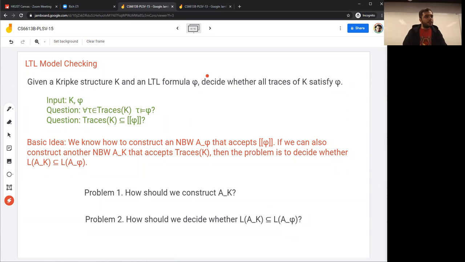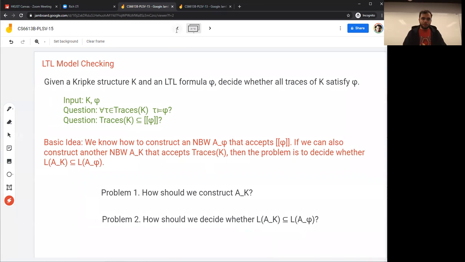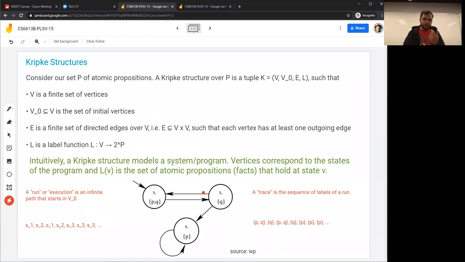Why do we need to construct the automaton for the Kripke structure? If you want to do your model checking on the Kripke structure, the problem is that the set of traces is infinite. There are actually ways, something called game-based model checking, that doesn't translate this to an automaton and only translates the formula to an automaton.